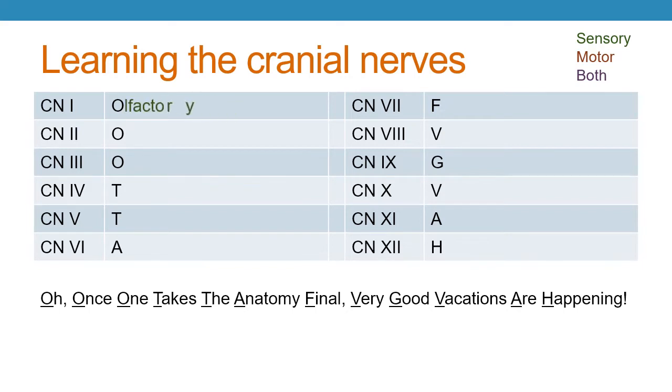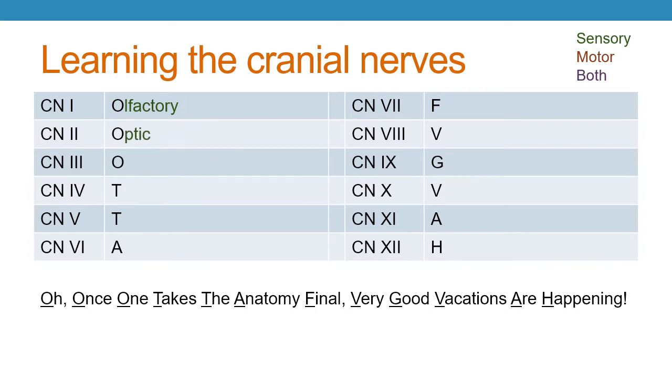Cranial nerve 1 is the olfactory nerve. If you happen to know that olfaction means smell, cranial nerve 1 is first because it's at the very front of your brain where it communicates through the olfactory foramina, remember those from the ethmoid bone, with the olfactory sensors in the nasal cavity.